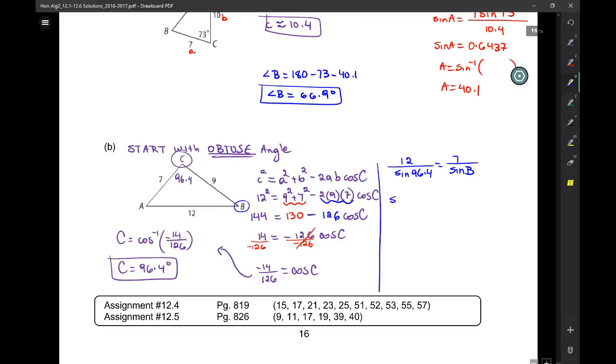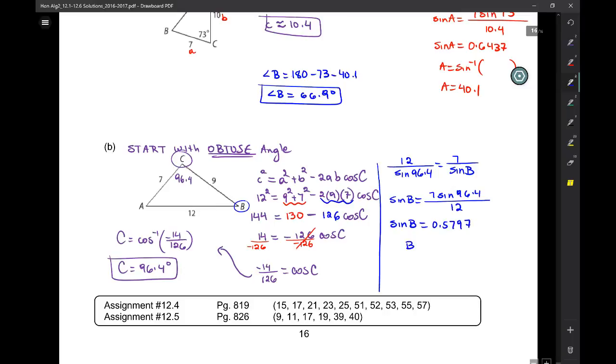And same thing, sine of B is equal to 7 sine 96.4 over 12. So sine of B is 0.5797.